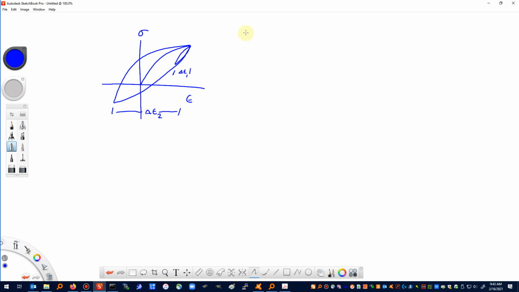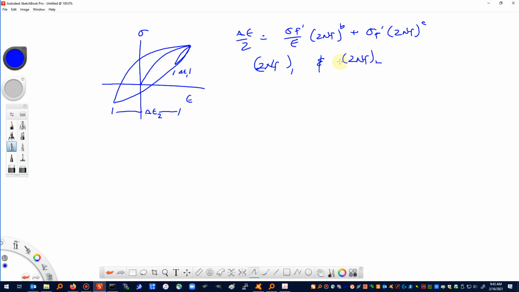And so we can use our strain life equation with our strain amplitude for each of these, and we come up with the number of reversals for loop 1 and the number of reversals for loop 2.